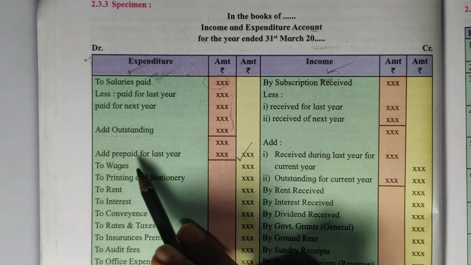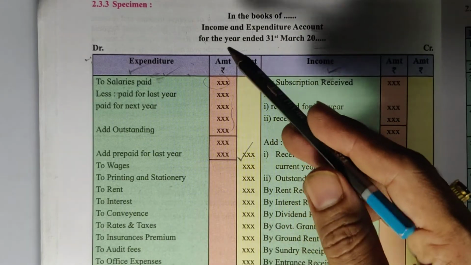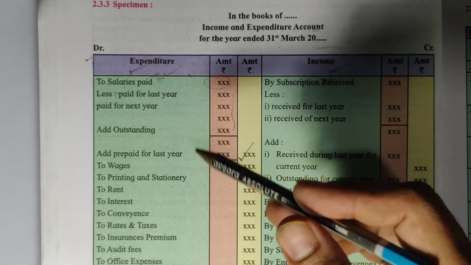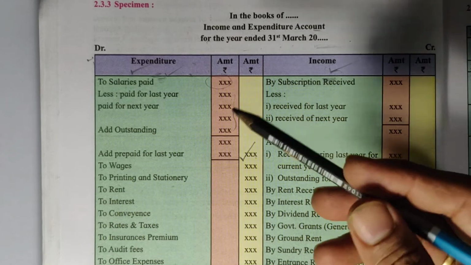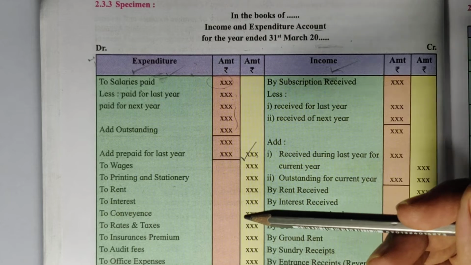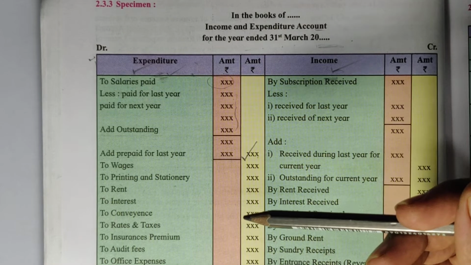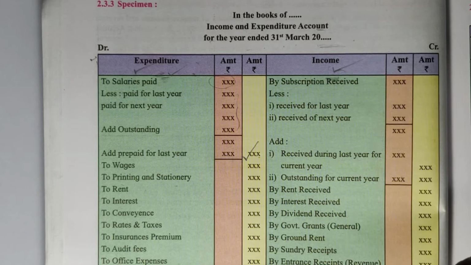Next, wages paid. Next, printing and stationery. If you observe, all these are the items which are recurring in nature. You have to pay for these expenses again and again. If you purchase building, you purchase once. It is a capital expenditure and it is recorded to balance sheet asset side.